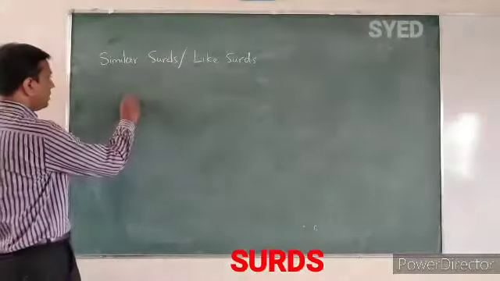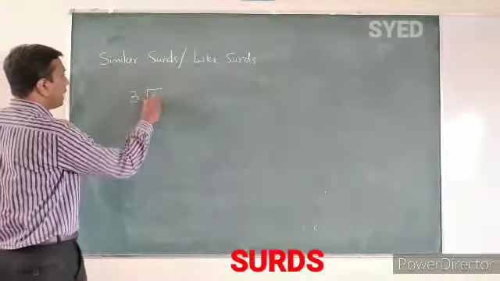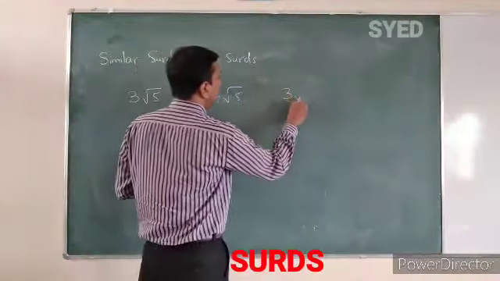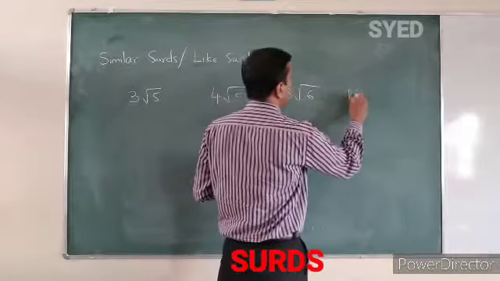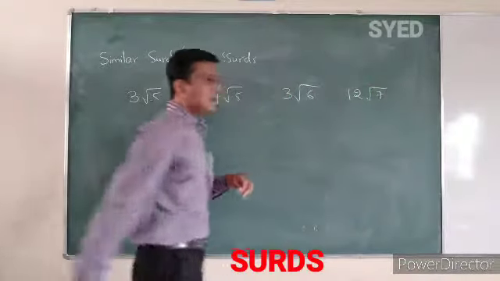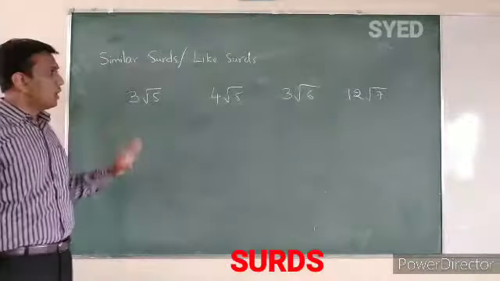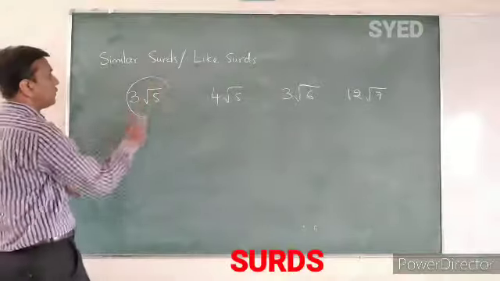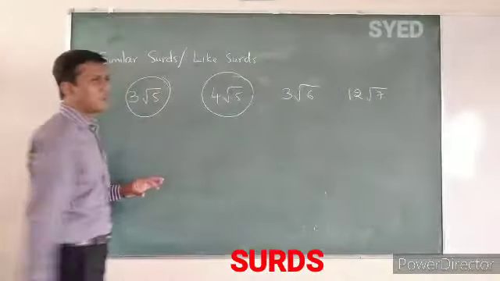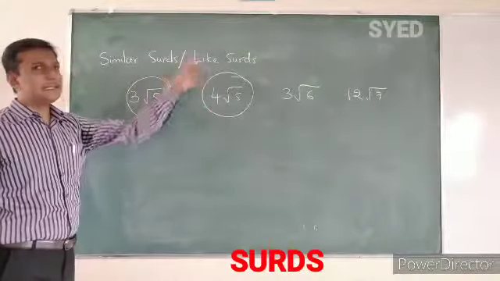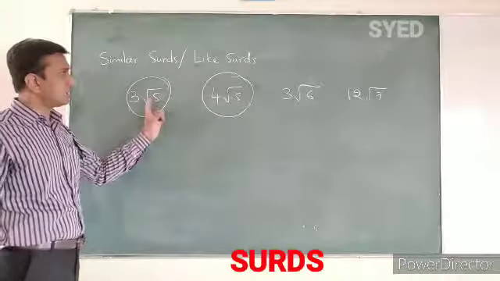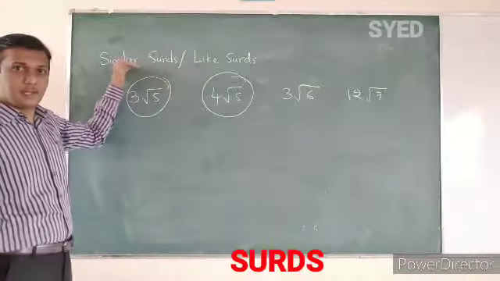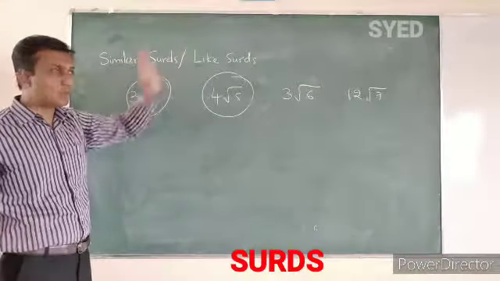For example, 3 root 5, 4 root 5, 3 root 6, 12 root 7. I have written 4 surds here. What do you find common here? Of course 3 root 5 and 4 root 5. These two are called like surds or similar surds. Similar surds or like surds, both are the same.